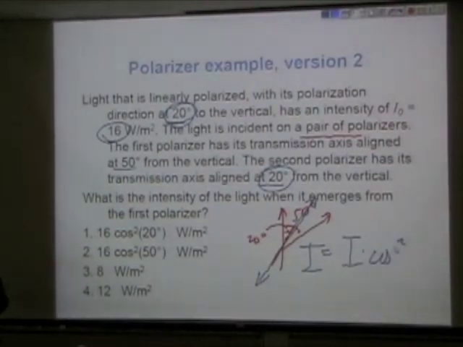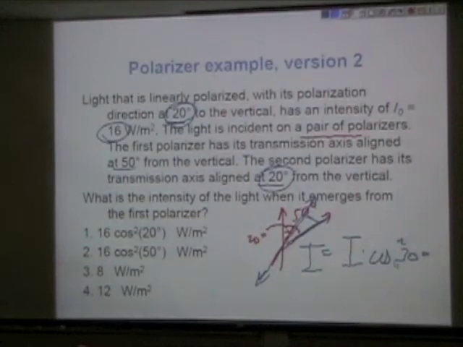Which angle? Between the direction of polarization, which is this blue line, and the transmission axis, which is this one. And this angle is 30. It's 50 minus 20. So the picture tells us what to do.